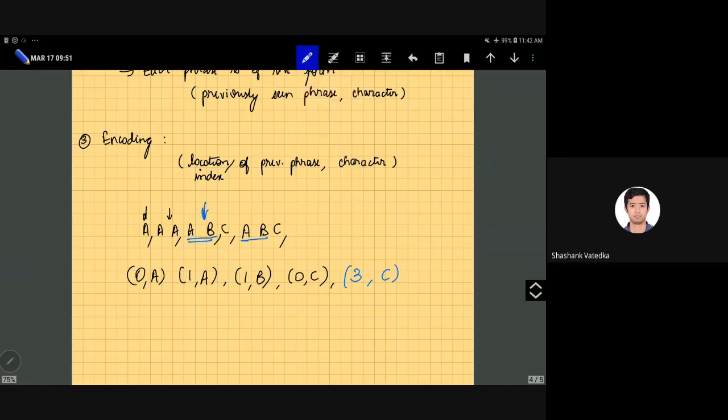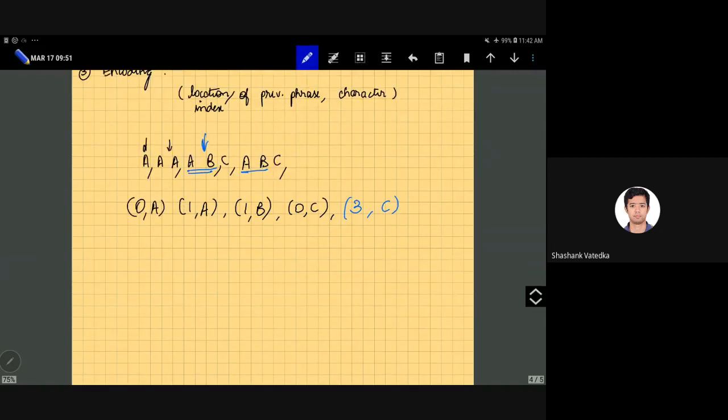Okay. So let's see another example. Consider the following sequence, all A's. Sure, what would we have done if there was no C at the end? Then you would store it as the matching phrase followed by just an empty character.